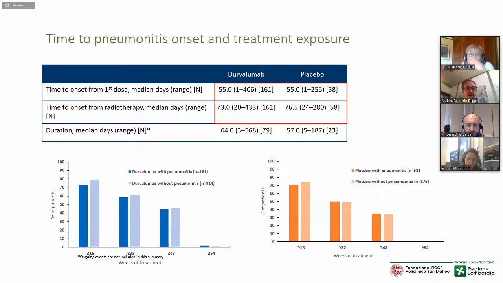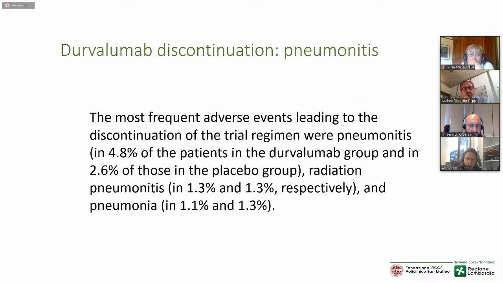And basically, there is no difference in time of onset and severity of pneumonitis between placebo and durvalumab. So the discontinuation of, for example, durvalumab, which is interesting for radiation oncologists, obviously, because we are talking about stage 3 and we are treating patients with high dose radiation, pneumonitis was the most frequent event leading to discontinuation.